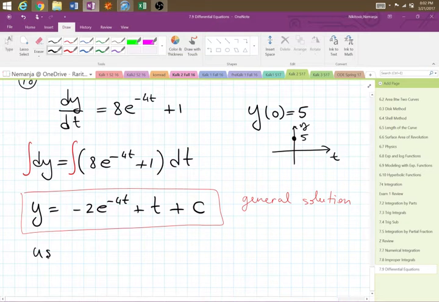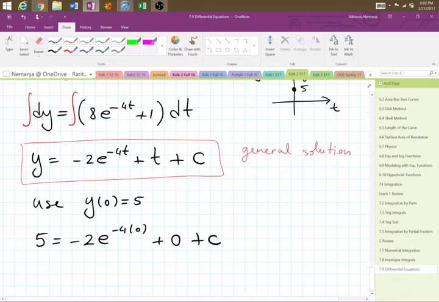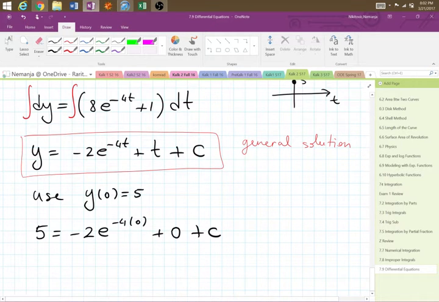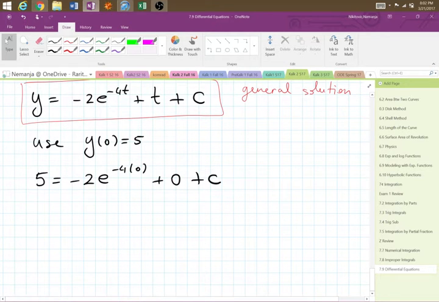So now we use y of 0 is 5. Plug in 5 for y, minus 2 times e to the negative 4 times 0 plus c. So every t is 0 now. Every t is 0. And y is 5. And we can just compute the value of c.